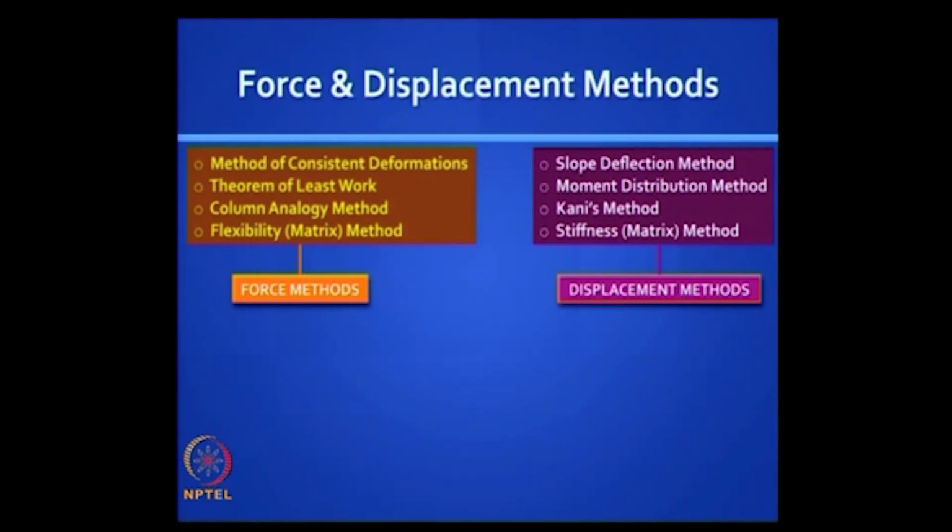The most popular force methods are the method of consistent deformations and the theorem of least work, which you have been introduced to, and these lead to a more generalized method called the flexibility matrix method, which we will study in depth in this course. And there are other methods like the column analogy method, which are good for manual use, but we are not going to cover in this course.